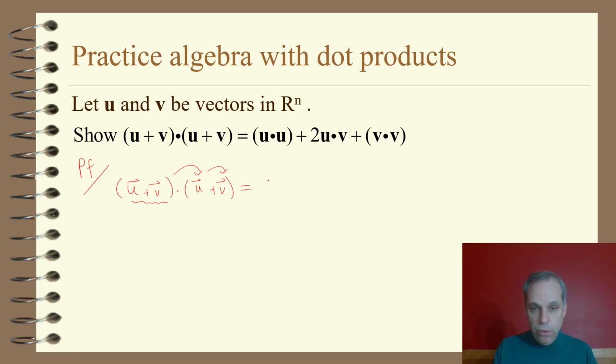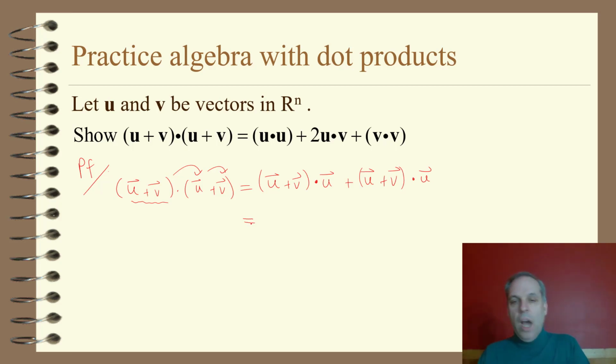That will then give you u plus v dotted with u plus v dotted with u. Now, because dot products are commutative, you can change the order of the dot product.